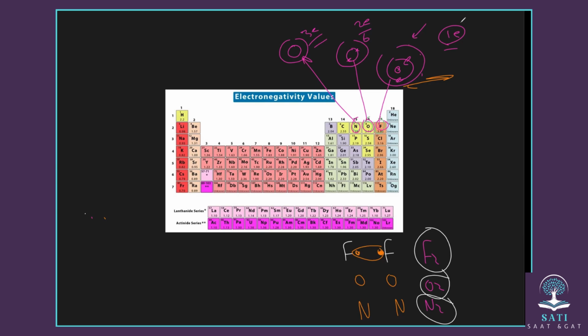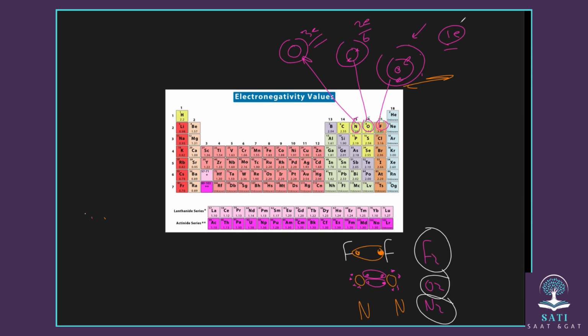Okay, what about oxygen? Oxygen needs to share 2. Here 2 and here 2, so they will make 2 bonds. So each oxygen, as we said, has 6, and with 2 shared here and 2 here, there are 6 electrons around each atom that will be shared.